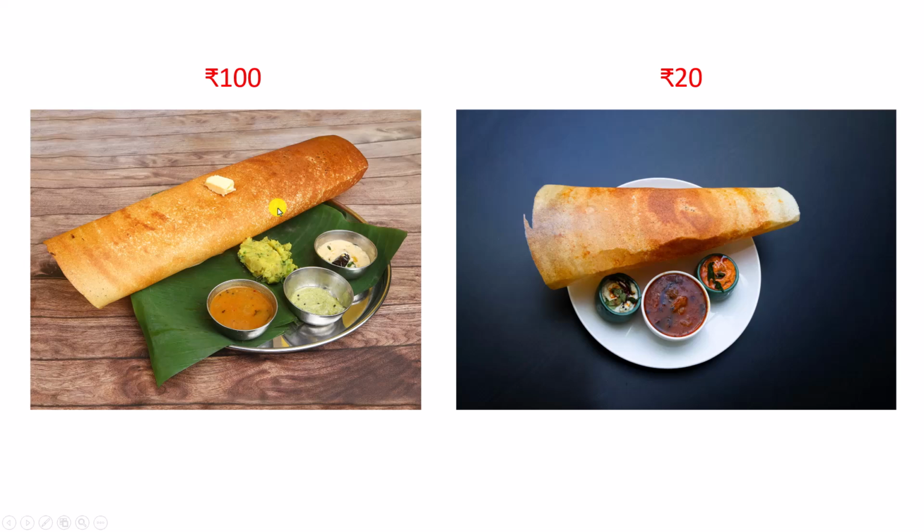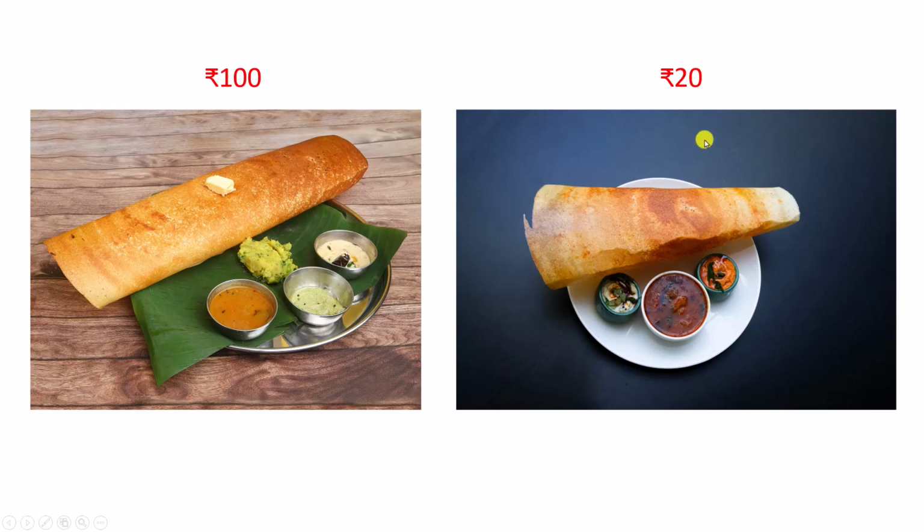So, that is one argument. Let me come back to this. Here, even though it is 20 rupees, they may be using very good ingredients. They might just have kept their profit margin low, and this dosa might be very tasty.